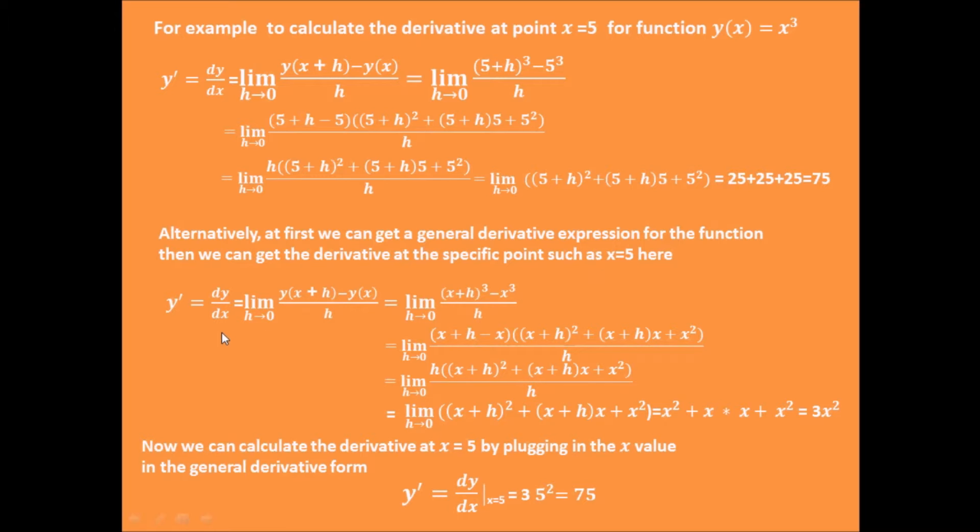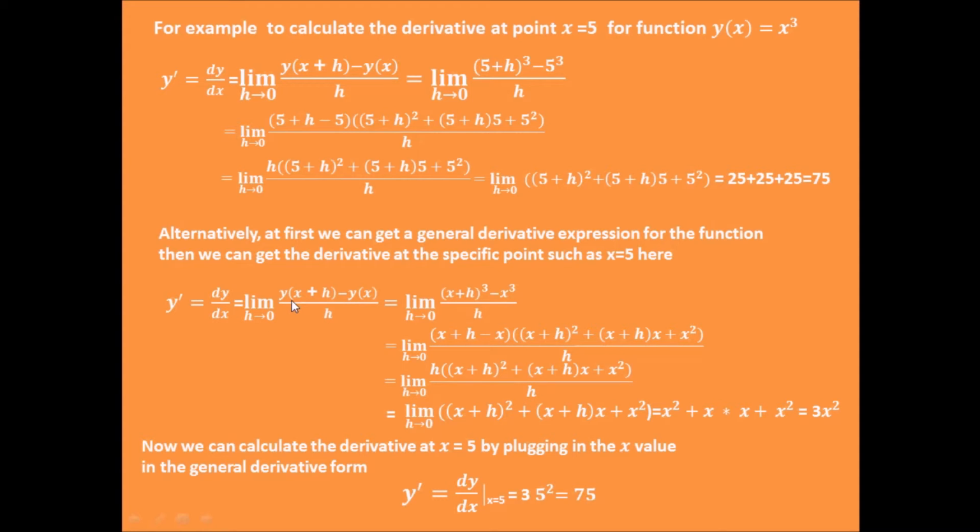So based on the definition, the derivative equals the limit of the function value at x plus h minus the function value at x, divided by h, with h approaching 0.